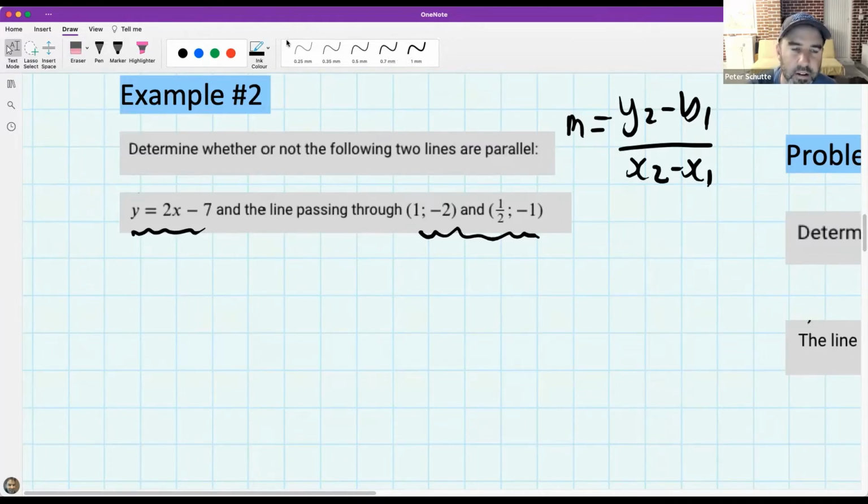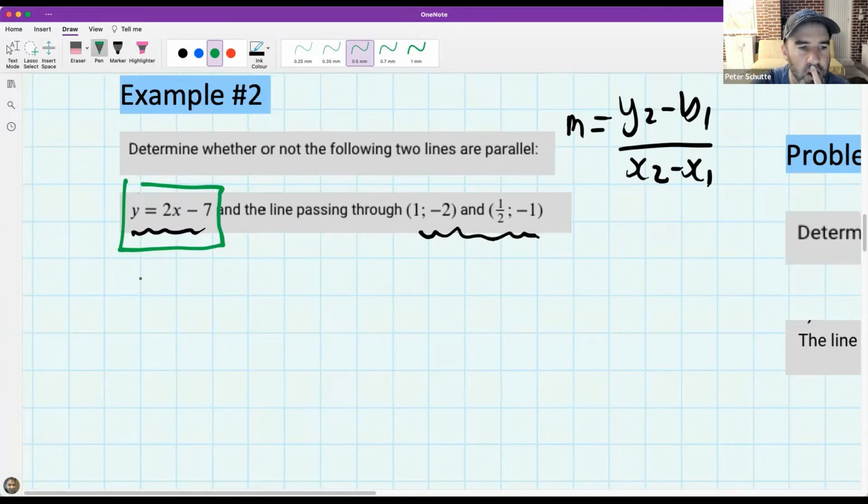Latifa, if I could ask you to unmute and to just ask a question. Latifa, go ahead. So can you please explain the question again? I can. I just want to ask you, Latifa, do you know what the gradient of the first line is? Can you see what the gradient is there?